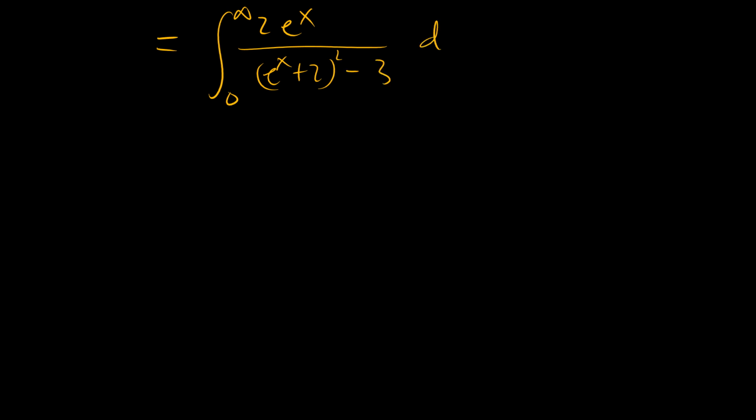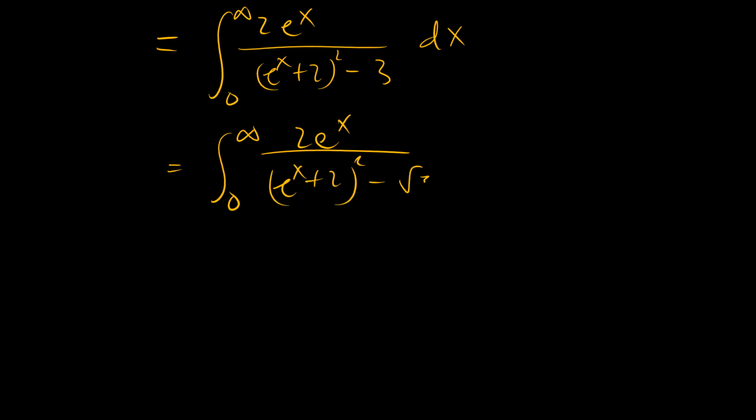So now we have our problem that is obviously from 0 to x tending to infinity of e to the x over (e to the x plus 2) squared minus 3, right? Which could also be expressed as (e to the x plus 2) squared minus square root of 3 squared, right?